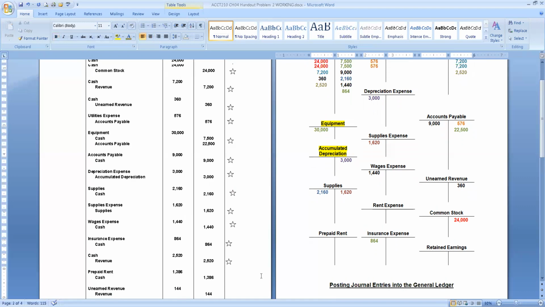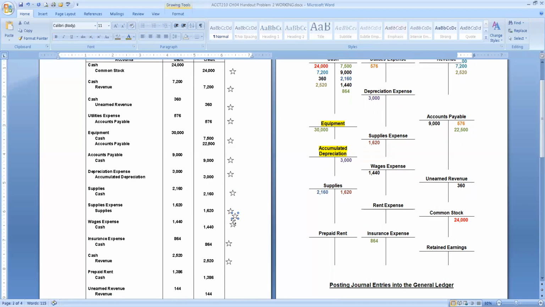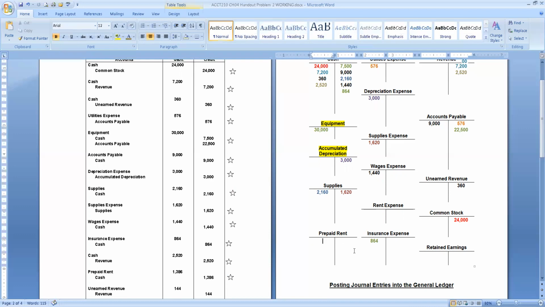Okay, prepaid rent, 1,386. And cash, 1,386 credit.